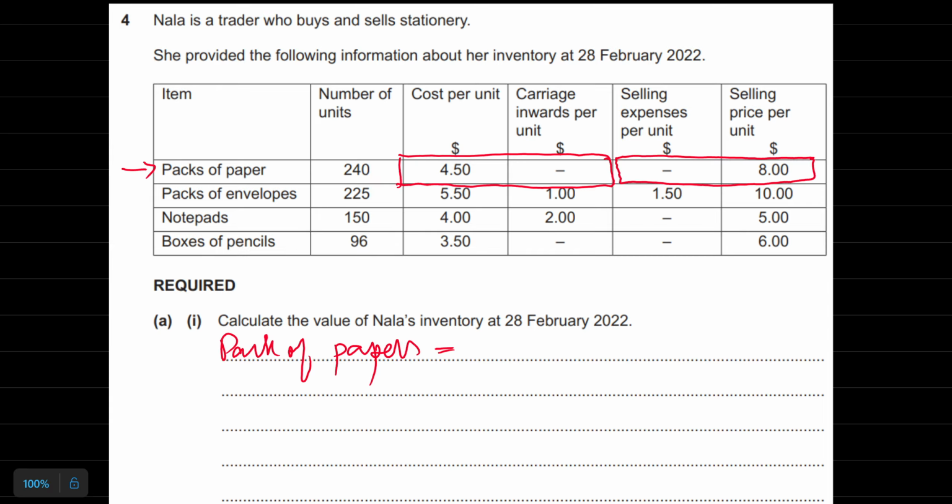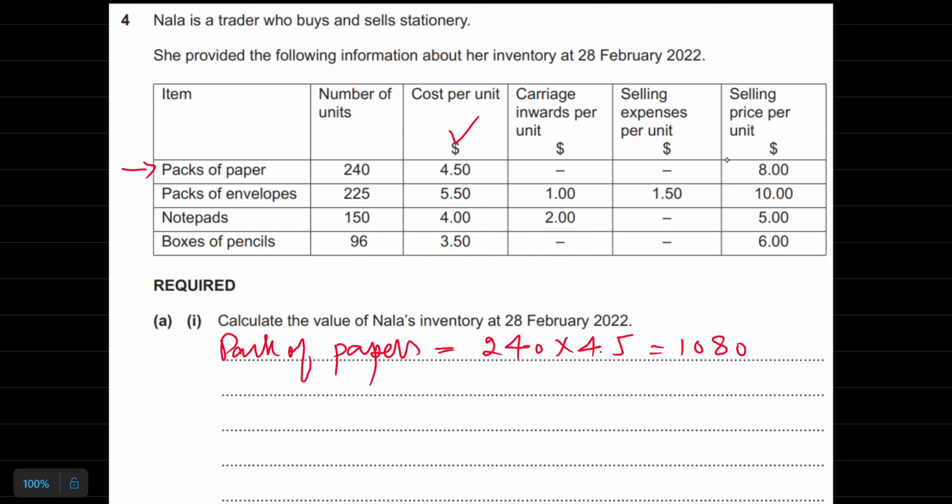So in this case, cost is 4.5 and net realizable value is 8, and the lower of them is 4.5. So we will record it at 4.5. So 240 multiplied by 4.5 is equal to 1080.